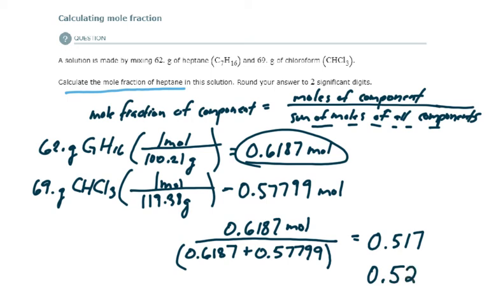0.52. Now, we're not going to multiply this by 100 like we did for percent by mass, because that is a percentage. Multiplying it by 100, since percent is out of 100, will convert the decimal to a percentage. Here, I'm going to leave it at 0.52. And that makes sense because this is a mole fraction.